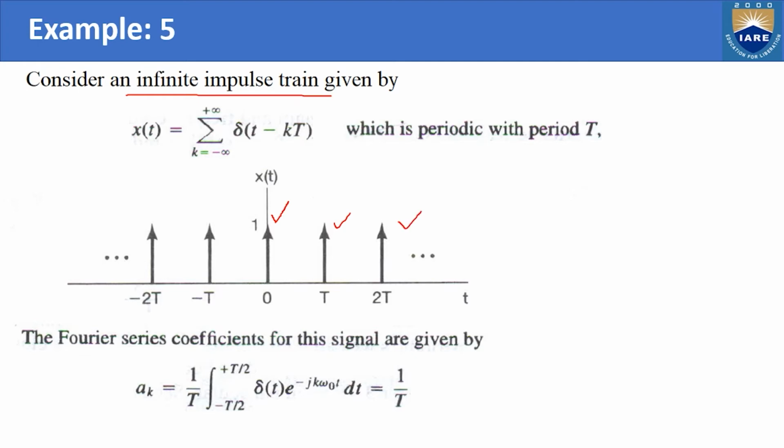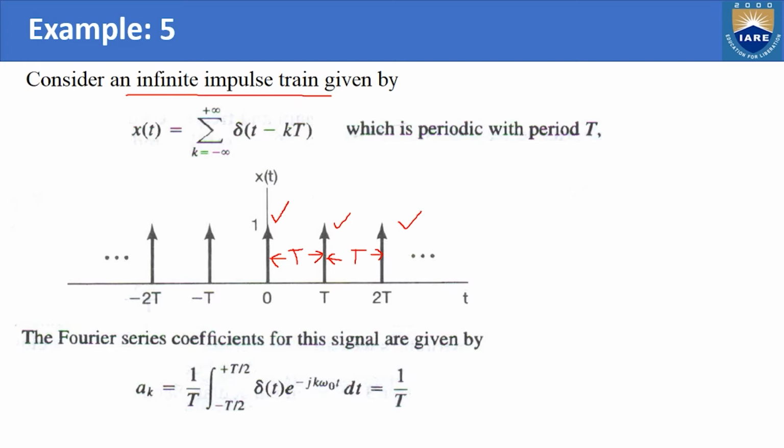So like that you have an infinite number of impulses whose time spacing between two impulses is capital T. So I can say that it is a periodic function with a period of capital T.